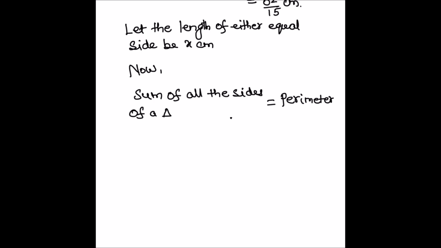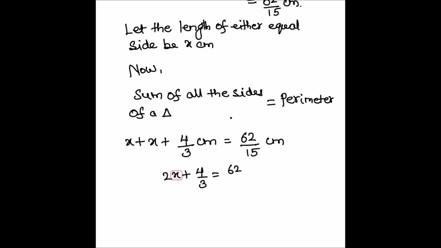Sum of all sides will be x plus x plus the one side given, 4 upon 3 centimeters, equals perimeter, which is 62 upon 15 centimeters. Let's solve this equation. x plus x will be 2x. 2x plus 4 upon 3 equals 62 upon 15.